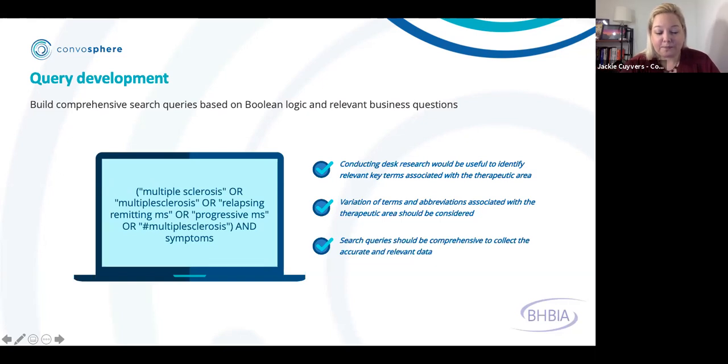And then as it's relevant to your business questions, if it's about the symptoms people are experiencing, you might want to include those. If it's about the treatment, you might want to also include the names of the treatments that are used. So in this case, some of those biologics. However, those biologics are often used on other diseases or therapeutic areas as well. So in that case, like I said, this is both inclusive and exclusive.